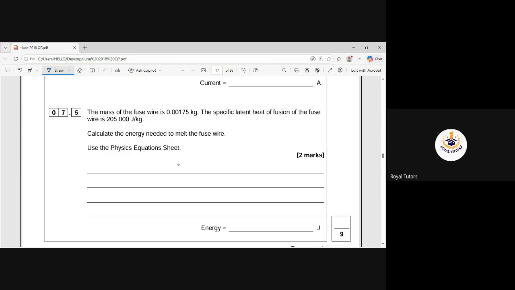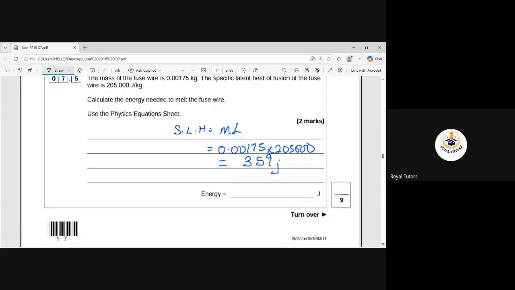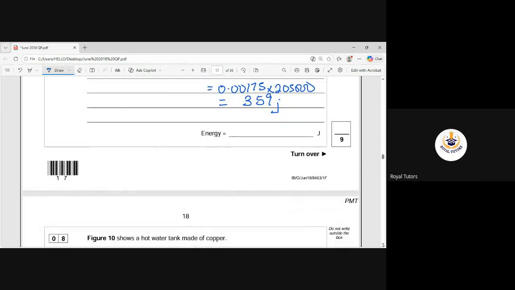The mass is 0.00175, and the specific latent heat of fusion is 205,000 joules per kilogram. If you multiply that together, that will give you 359 joules, which is the energy needed to melt the fuse wire. Okay, so let's move on.